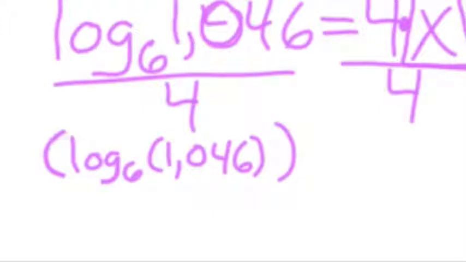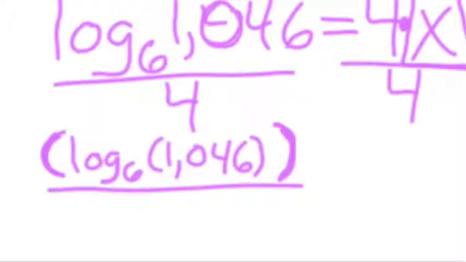The reason why we have these extra parentheses around our numerator is so our calculator or Desmos does not get confused of what we want to divide by 4. We want to divide the whole log by 4, not just the 1046.